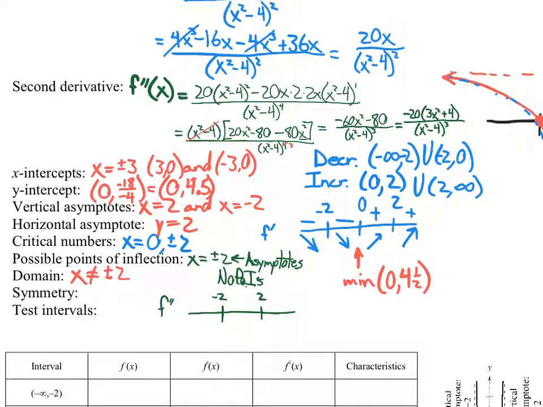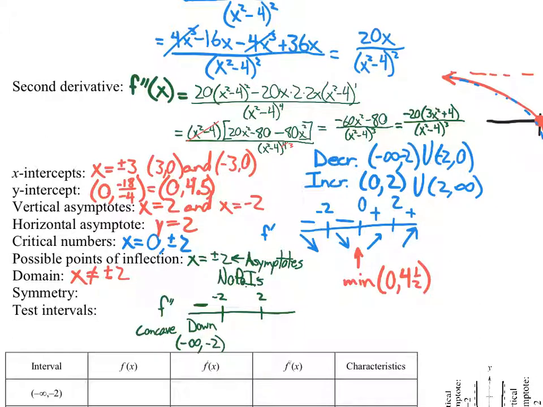A negative number, which means I'm concave down. Okay? Concave down. So that's over the interval from -infinity to -2. Okay? That's concave down.